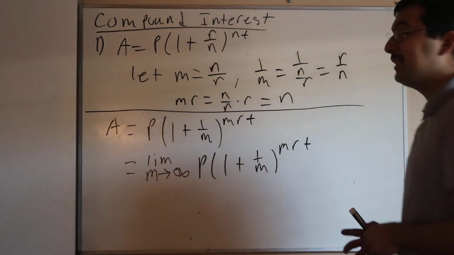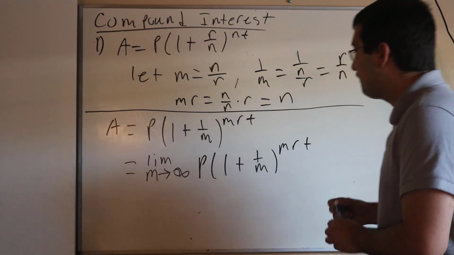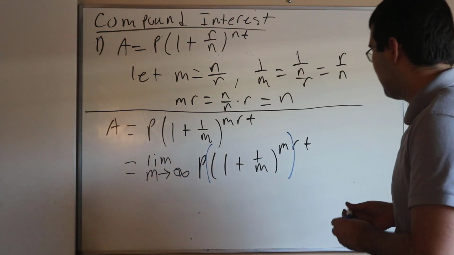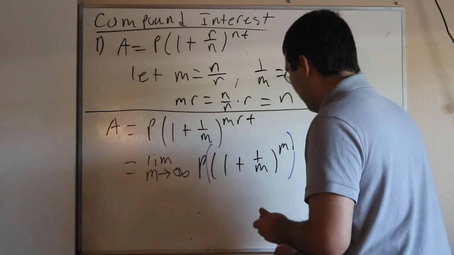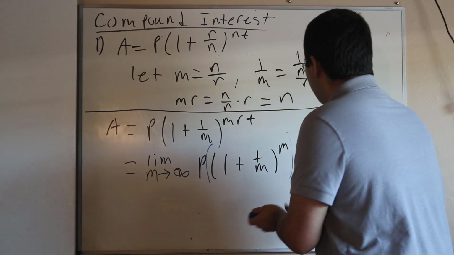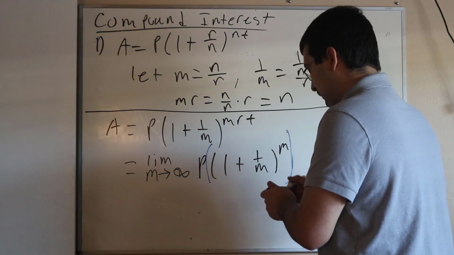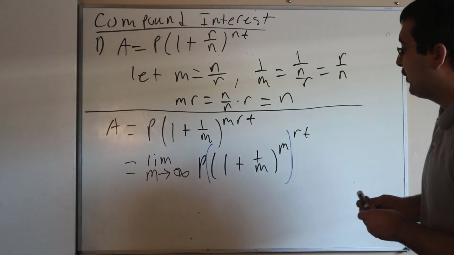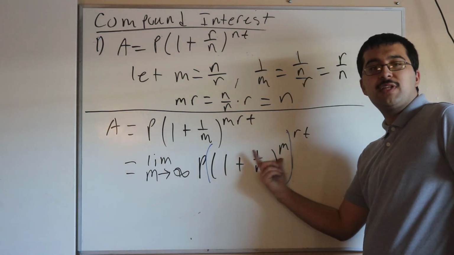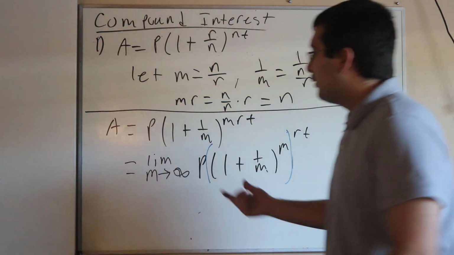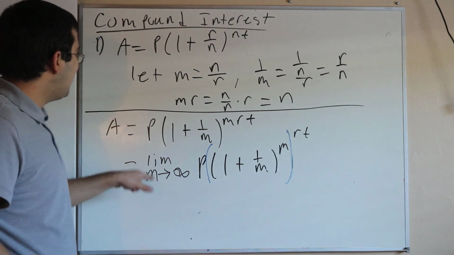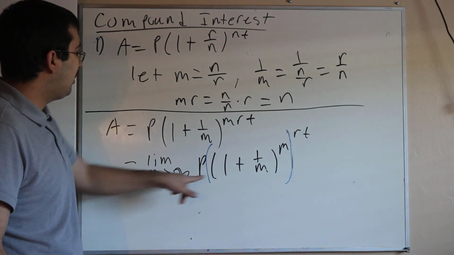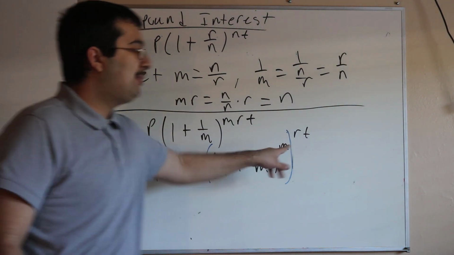So if we take this limit, then what's interesting to note is if I write my parentheses like this, where I seclude inside the parentheses all the terms that only use m, and I remember that the limit I'm using is the limit as m approaches infinity, the only thing that has m inside my equation is this 1 plus 1 over m to the power of m.